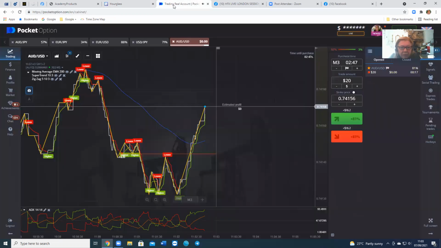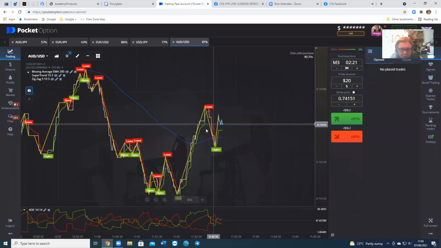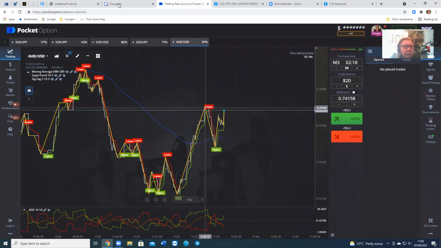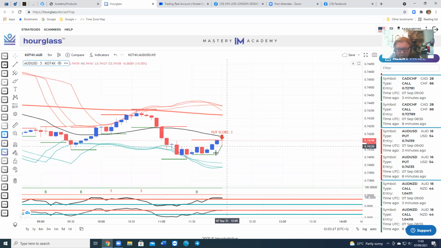Yeah, that's just closed me out at a loss on that one because it's gone back up here at 152, but it is still good for a put. But when you take these trades that are the higher payouts, that's 87%, you've got to expect what we call volatility, because they're moving quite fast, and the brokers know that.